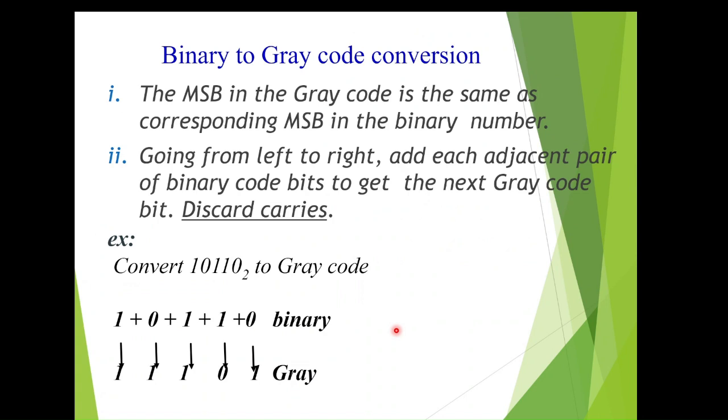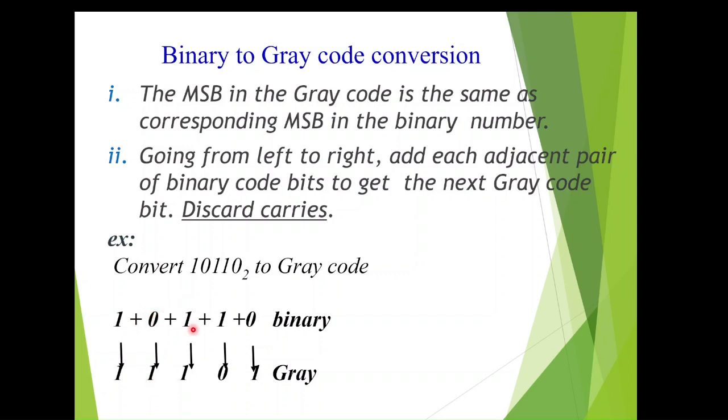Let us see how to convert a binary number into the Gray code. It's very simple. I am taking the example 10110 to the base 2. That is a binary number. I want to convert it into Gray code. The MSB we retain as such. Then we add the adjacent numbers: 1 plus 0 is 1.